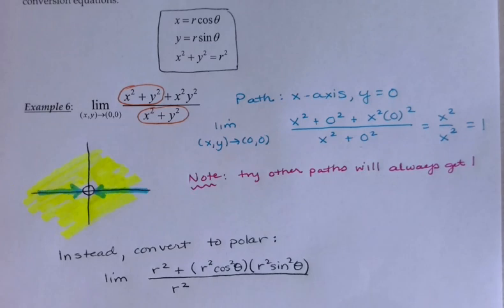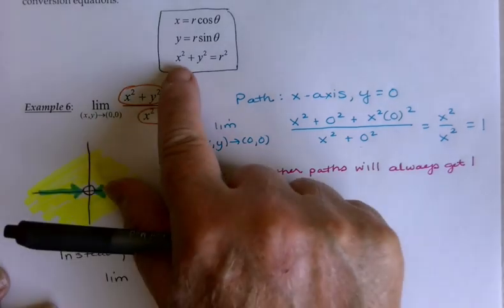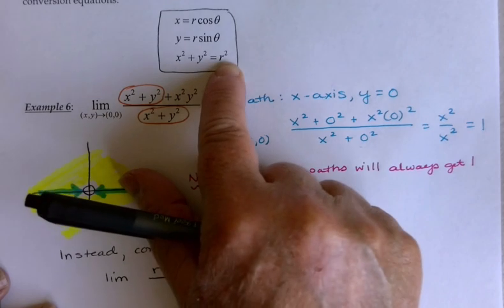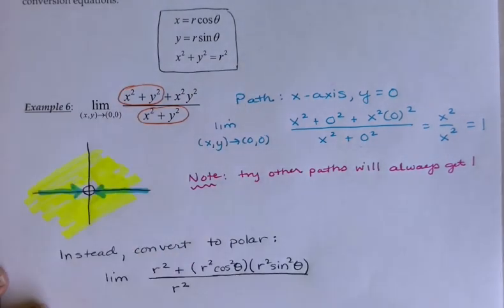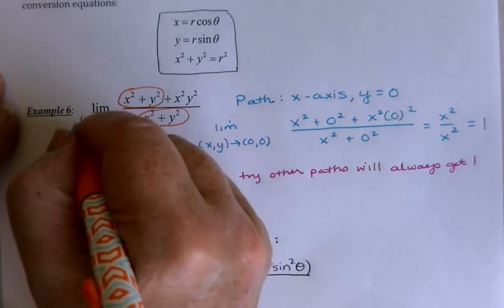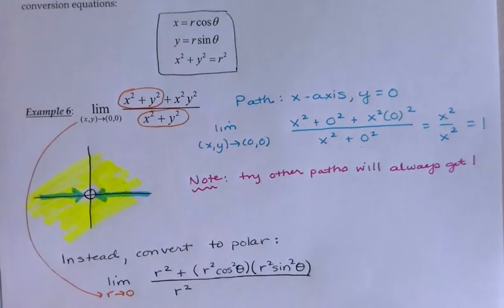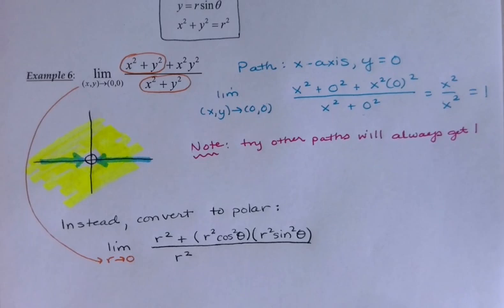And notice that if x and y are both going to 0, x squared would be 0, y squared would be 0. That means r is going to become 0 as well, right? So if x and y are both going to 0, I can also say that r is going to 0. I can't really say anything about theta. Hopefully that's going to turn out to be okay. We'll see.